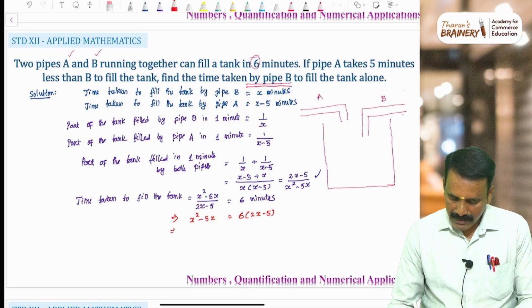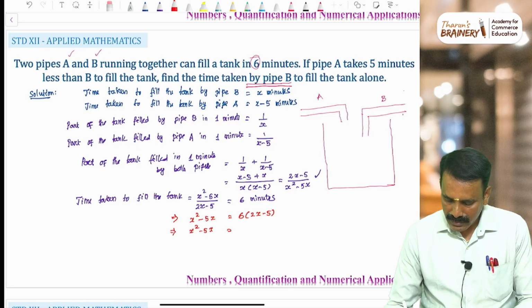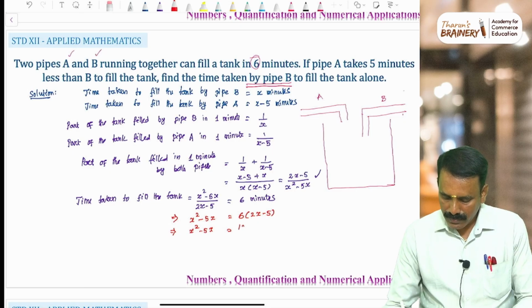So we try to simplify this further. x square minus 5x is equal to 12x minus 30.